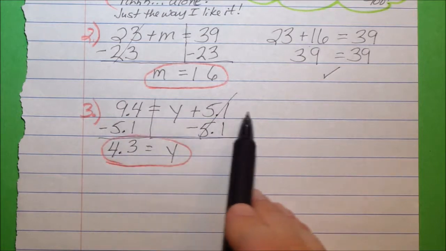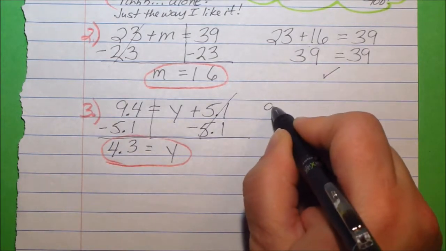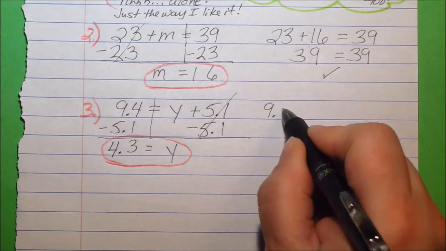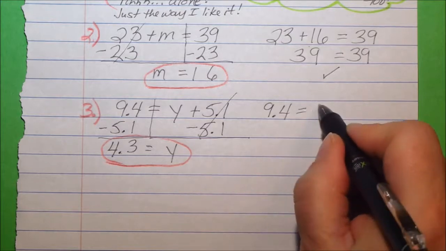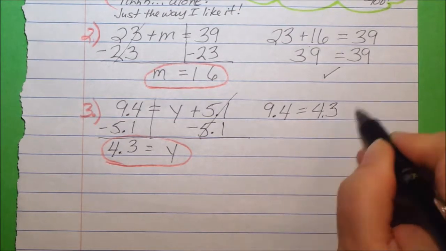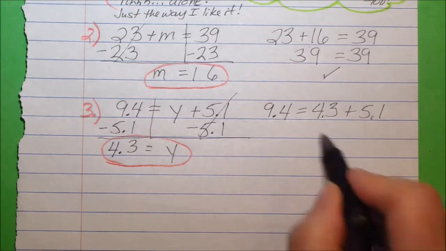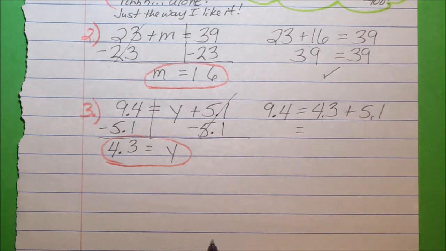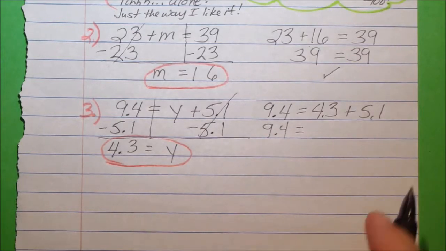So I'm going to rewrite this equation exactly as I see it, plugging in my value for y. So 9.4 equals y equals 4.3, 4 3/10, I think, plus 5 1/10. All right, copy down my equal sign, keeping it lined up with this side of my equation, and then I do the math.